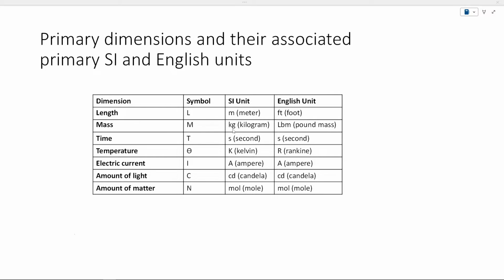Mass, whose SI unit is the kilogram, and whose English unit is the slug or pound mass. Time, whose SI unit is the second, and whose English unit is also the second.